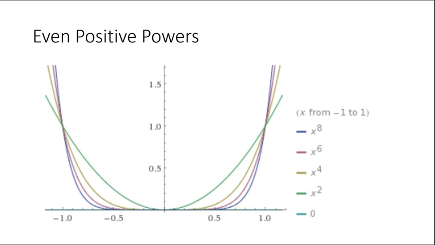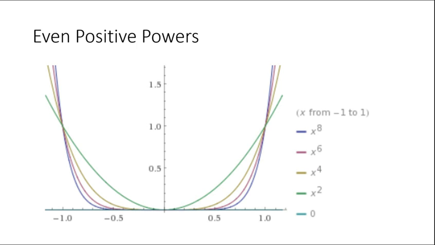In fact, you can split that up into even and odd powers. If you have x squared, for example, or x to the 4th, or x to the 6th, or x to the 8th, you're always going to have this upward-facing cup shape.